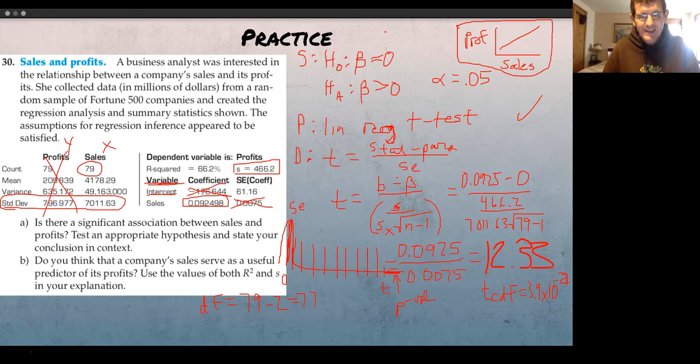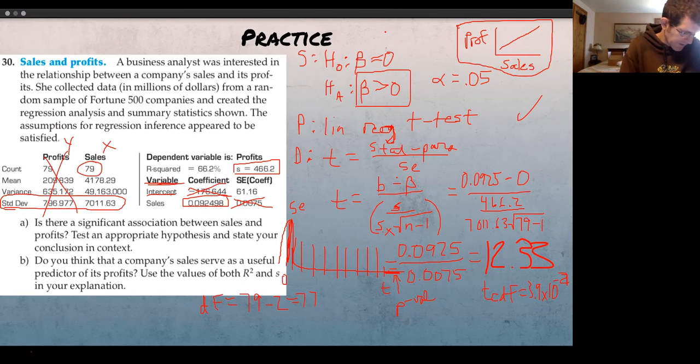If this was a two-tailed test and we decided to run it as a one-tailed test, according to our hypothesis up there, we would need to double it, which would have no effect. We're still at an incredibly small number, but keep in mind, if you ran this as beta not equal to 0, you'd need to double whatever answer you get. So we can leave it as is, and now we can have a conclusion.